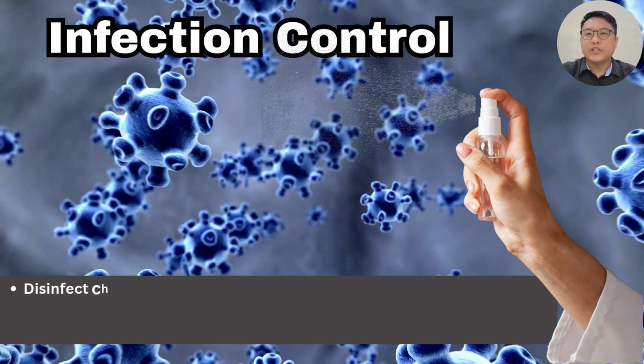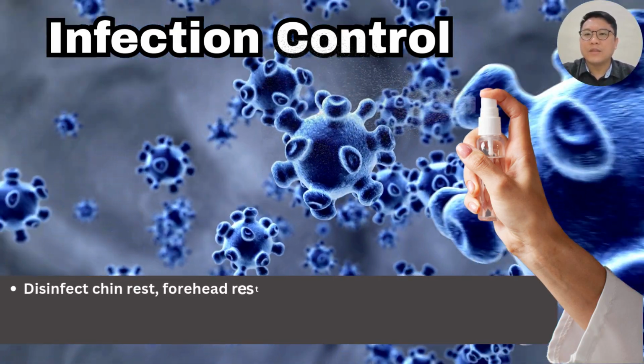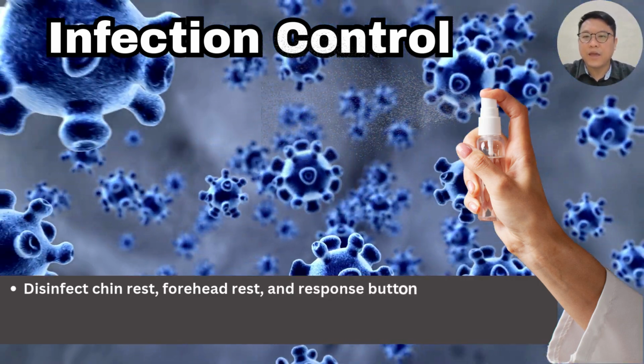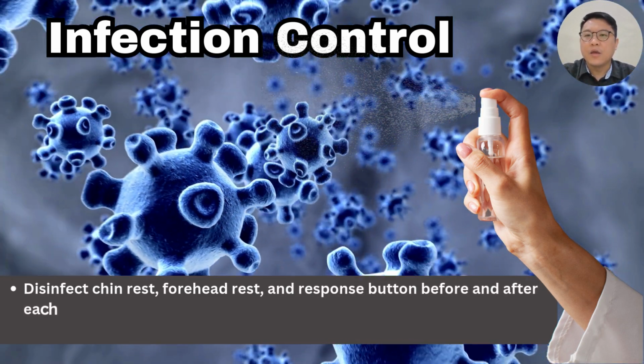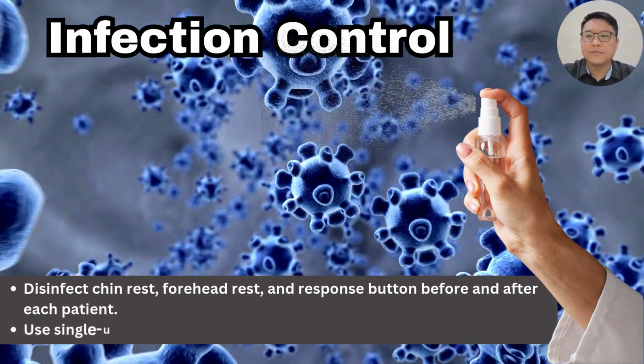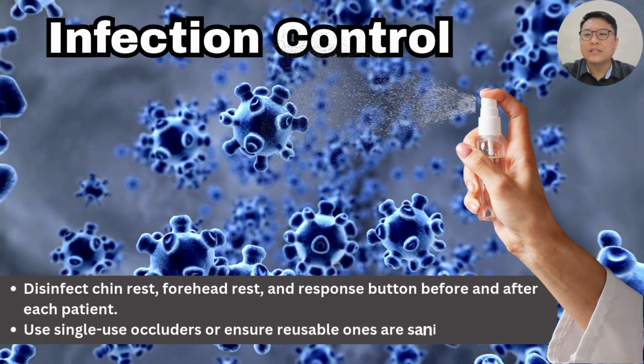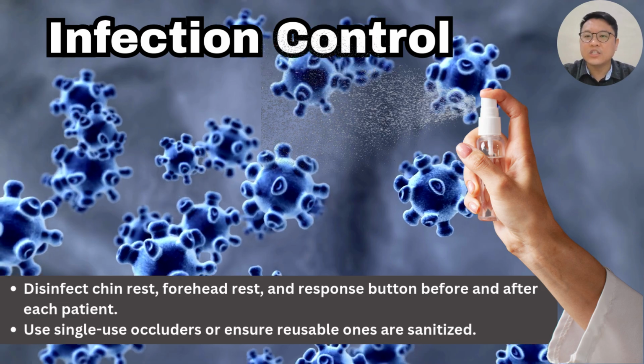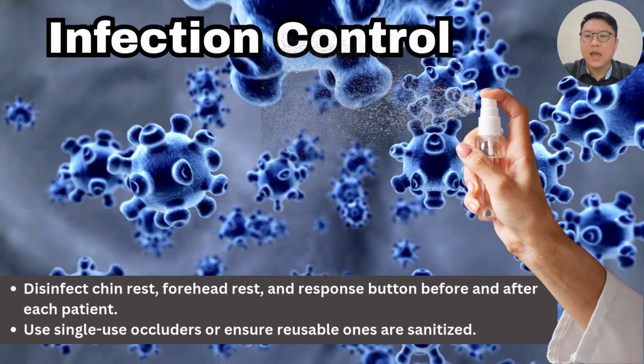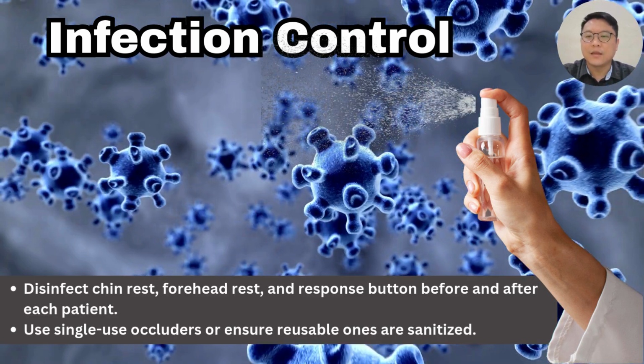To maintain hygiene and prevent cross-contamination, clean and disinfect all patient contact points before and after each test. Use an approved wet wipe or mild non-alcohol disinfectant to clean the chin rest, forehead rest, and patient response button.